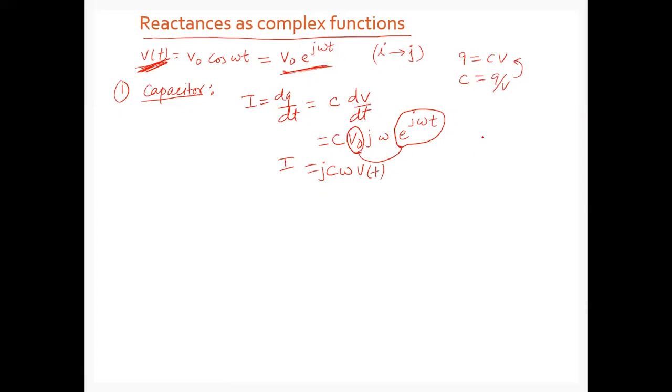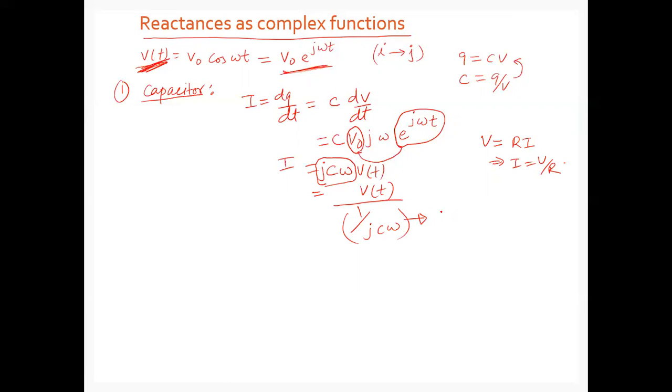Now, I want to write it in this form. So V equals RI, right? So what is your I? I equals V over R. Then how do I write this guy in terms of V over R? So V(t) is V. In place of R, this guy has to be written in the form of R. Okay, so this is R now.